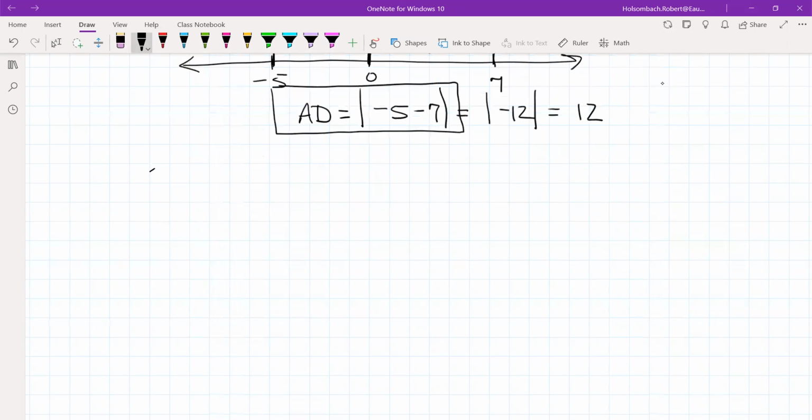Number 6. Here's our picture. We got E, F, and G. EF is 16. It's given. EG is 36.